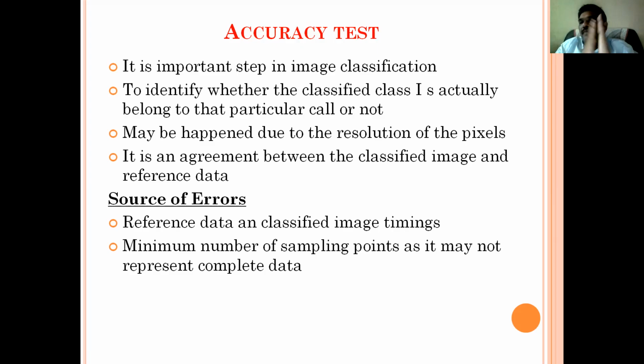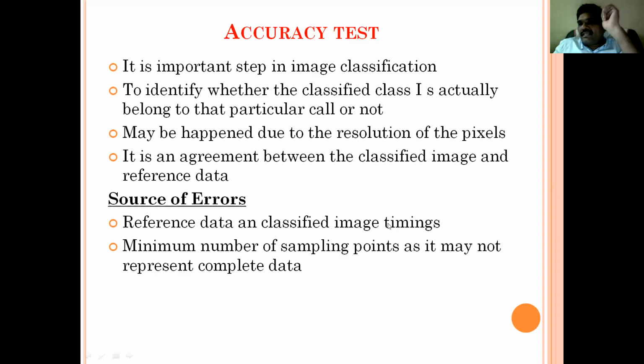The reference data might be a map, a satellite image, an aerial photograph, a field survey, something which has an accurate reference. And classified means what you have done. Just focus on timings only.